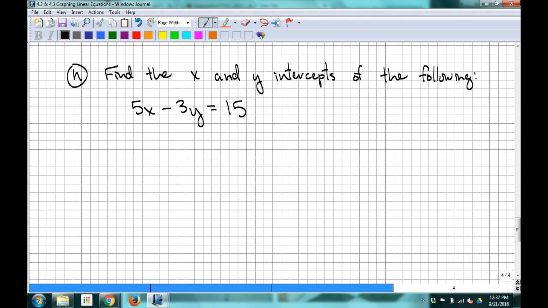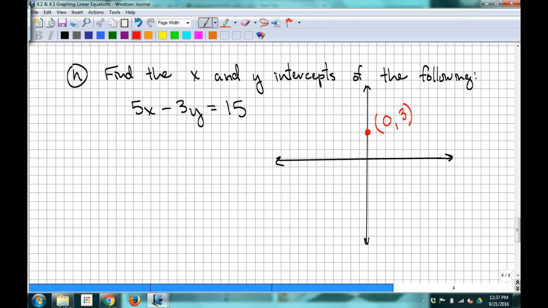And when you want to find the x-intercept, when we think about the coordinate plane, we're going to graph it as well. So I'm just going to go ahead and draw my coordinate plane. And let's think about what an ordered pair that's on the y-axis looks like. All right, for example, what's this ordered pair right here? 0, 3.